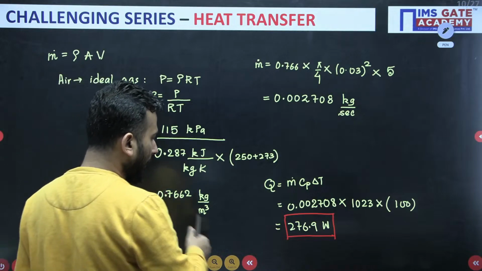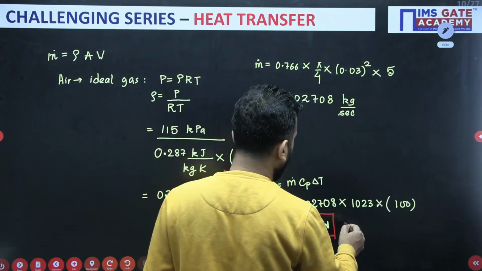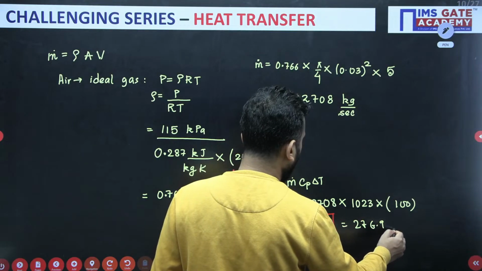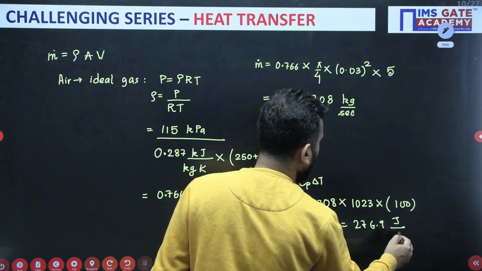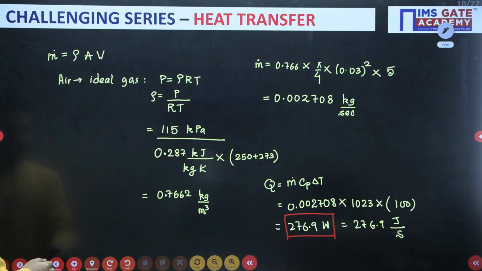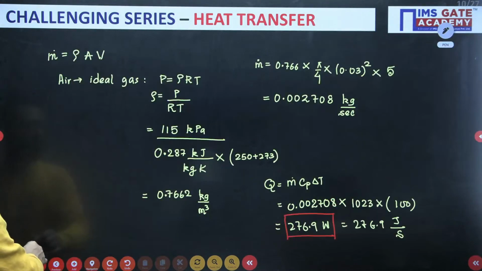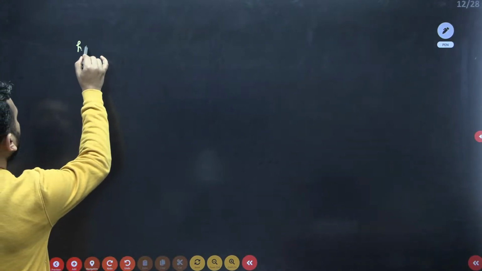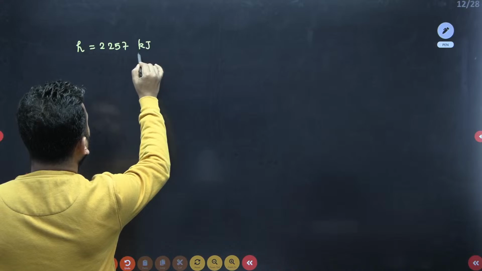Now, m into h is equal to 276.9 joule per second, and h is 2257 kilojoule per kg.